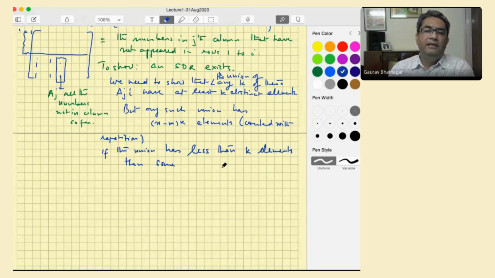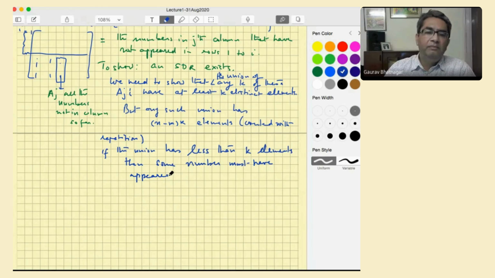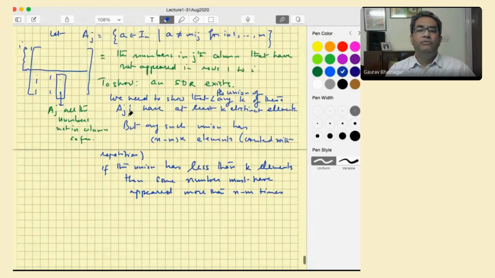Then some number must have appeared more than n minus 1 times above, which is a contradiction.